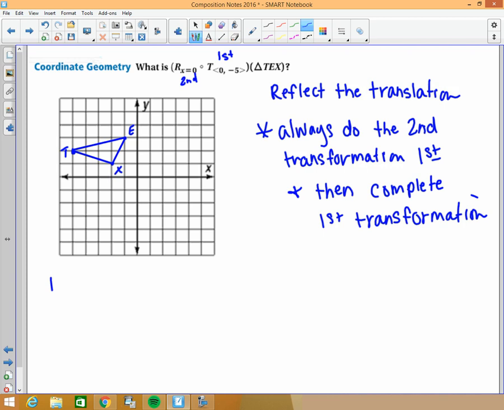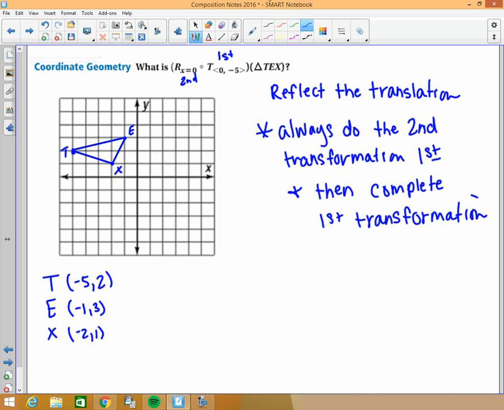So I'm going to first write down for TEX, this triangle TEX, the actual coordinates that I started with. And T looks like it's -5, 2. And E looks like it's -1, 3. And X looks like it is -2, 1.